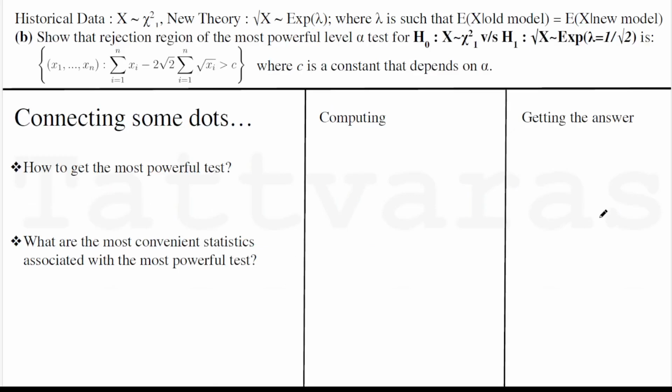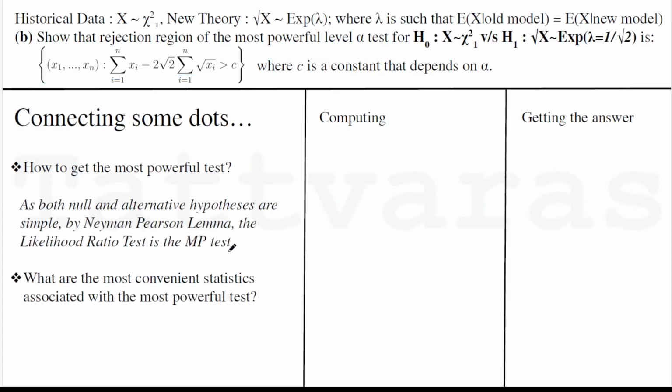Now on to the second part of the question. You have to connect some dots here as well. It's talking about the most powerful level alpha test having this critical region. So in this context, what is the most powerful test? That is the first thing to look at and connect the dots. Now, if you notice, the null hypothesis and the alternate hypothesis are simple.